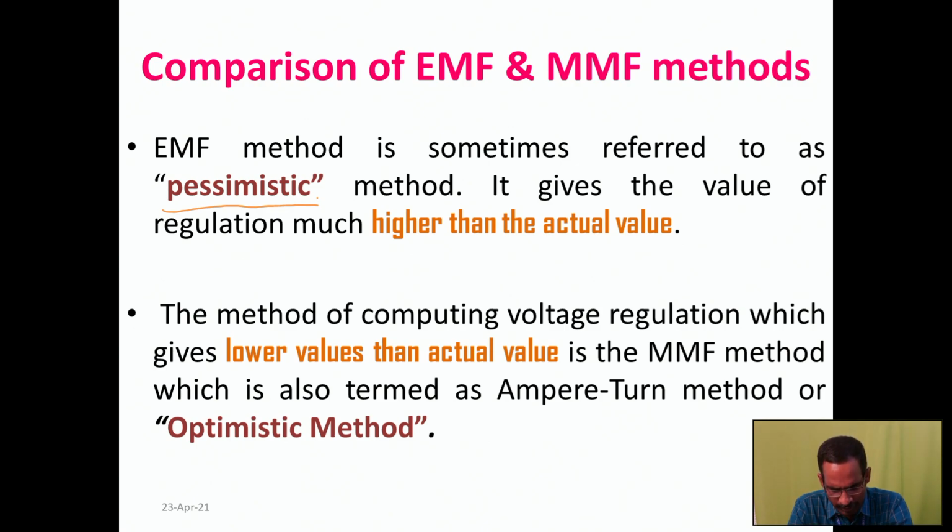Next, now we are going to see about the MMF method. In this MMF method, the voltage regulation whatever we are calculating is lower than the actual value. In the previous case, it is higher than the actual value. In this case, it is lower than the actual value, so it is called the optimistic method.